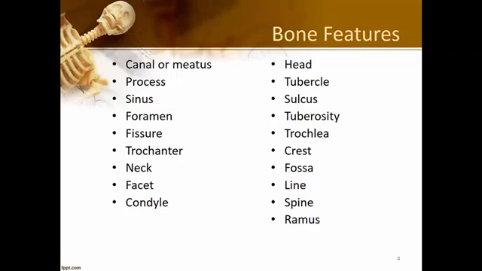A trochlea is a smooth, grooved, articular process, usually shaped like a pulley. Crest is a prominent ridge. A fossa is a shallow depression. A line is more delicate than a crest, kind of a low ridge. A spine is a pointed or narrow process, and a ramus is a thick extension that makes an angle with the main body of the bone.